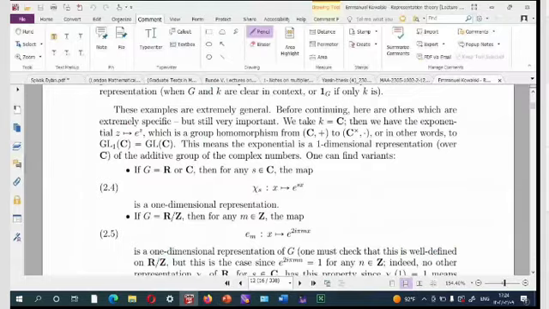So this e_m is a group homomorphism, and so this is a representation from this group.